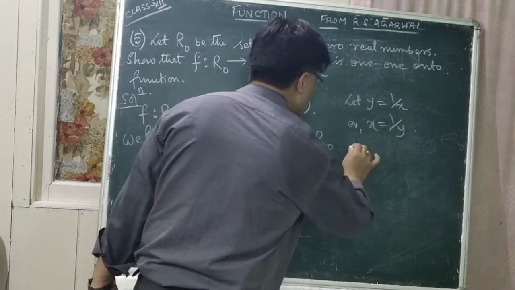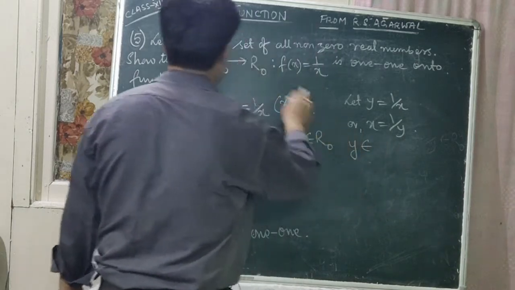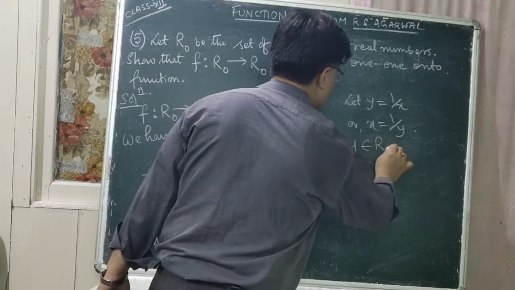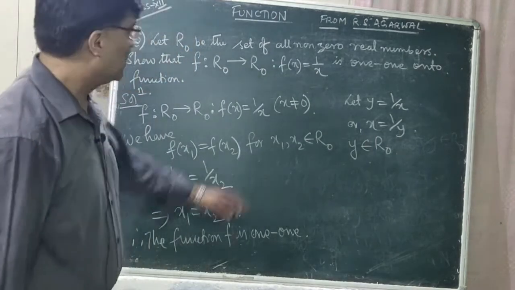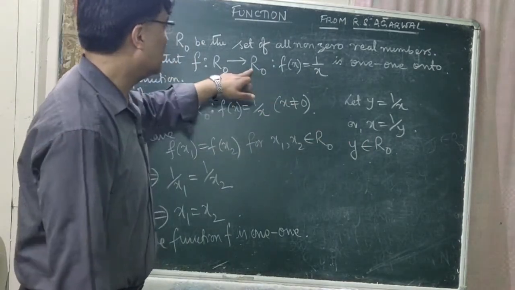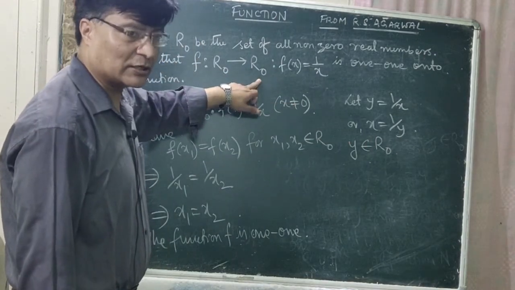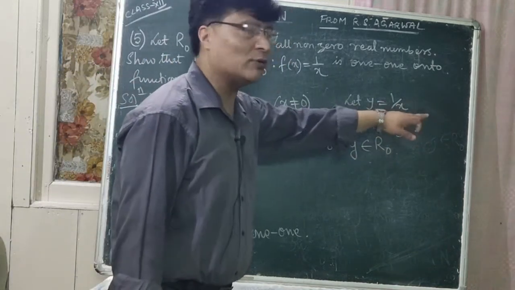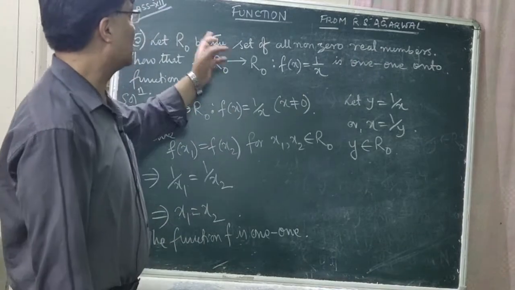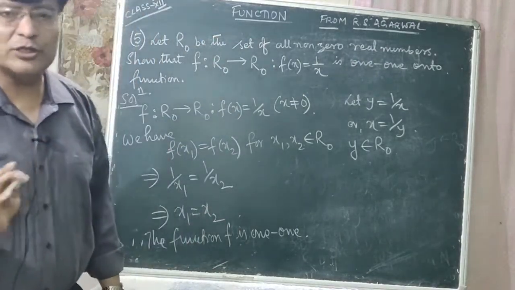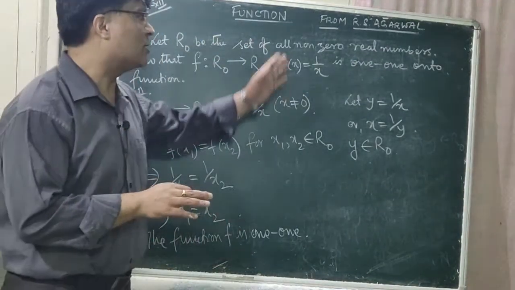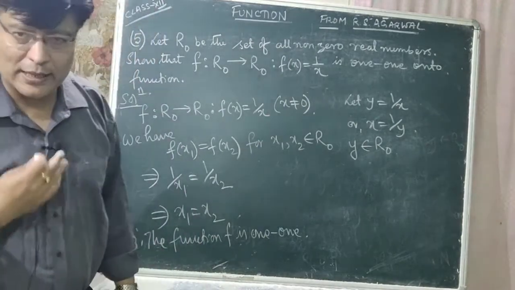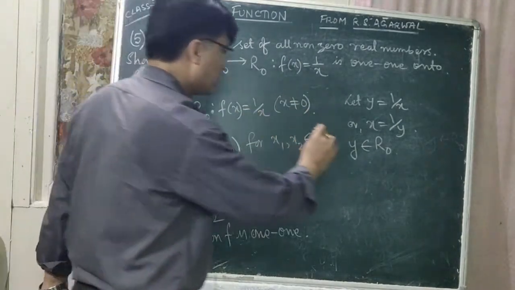Here also y belongs to R0. This y belongs to this codomain R0. So here also this y is not equal to 0, because R0 is the set of all non-zero real numbers. In this case also 0 is excluded.